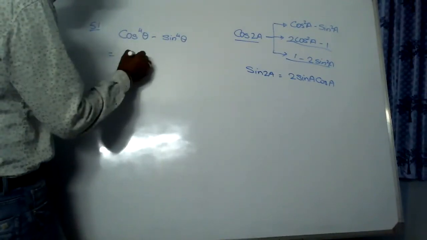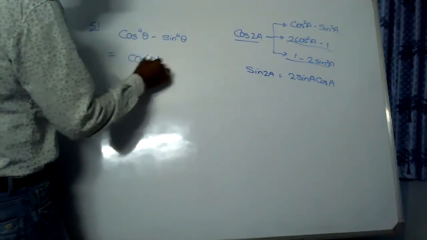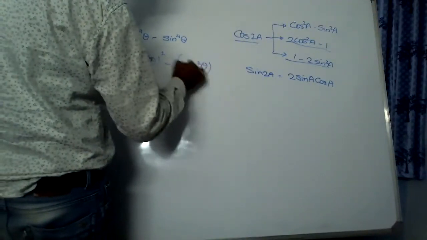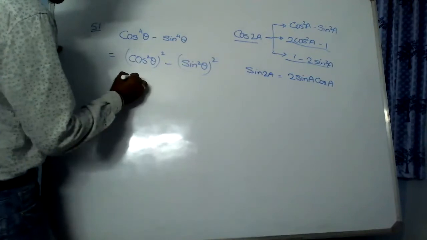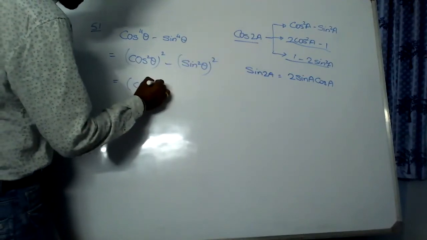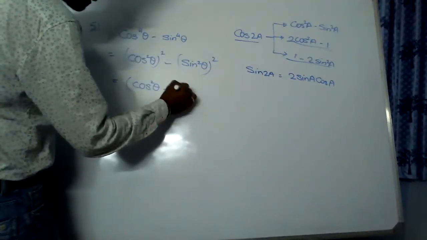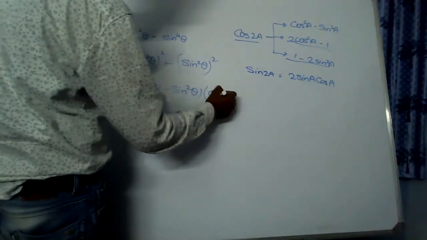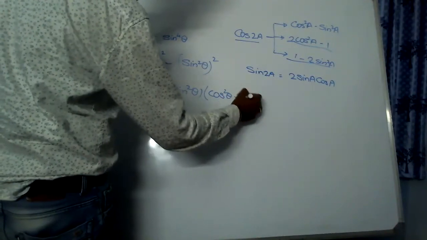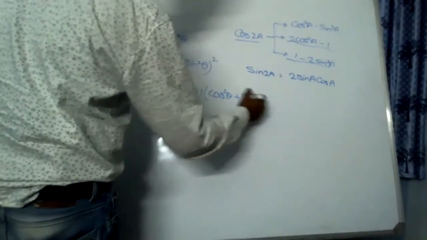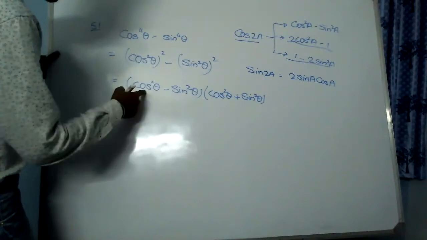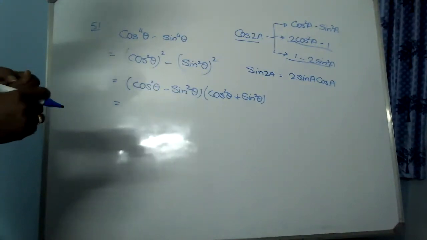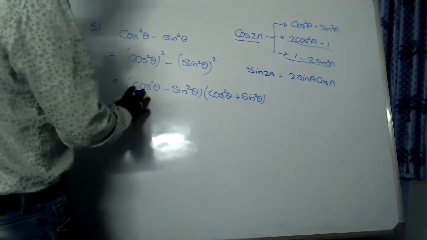What will I do here is, can I write it as cos square theta whole square, and this as sine square theta whole square. So this is in the form of a square minus b square. A square minus b square is what? A minus b, a plus b. So in place of a, I have cos square theta, so I'm writing cos square theta minus sine square theta, and then a plus b, cos square theta plus sine square theta.